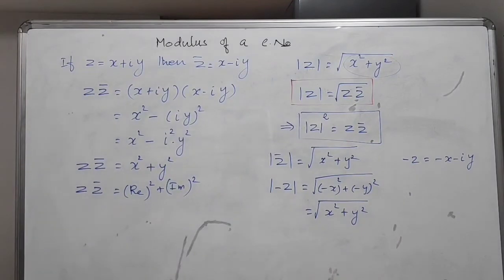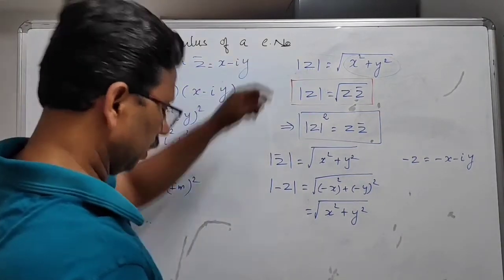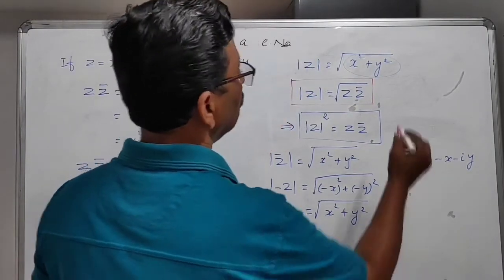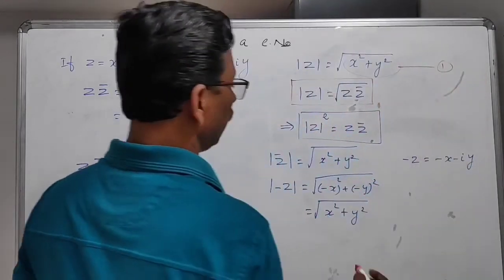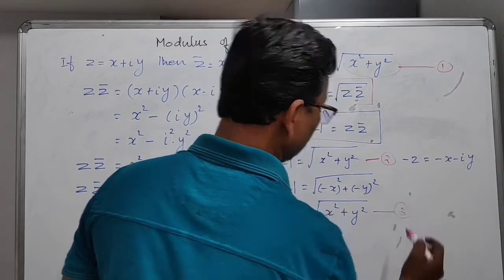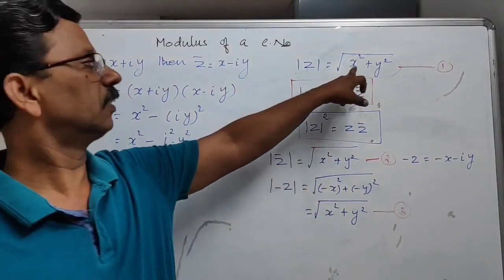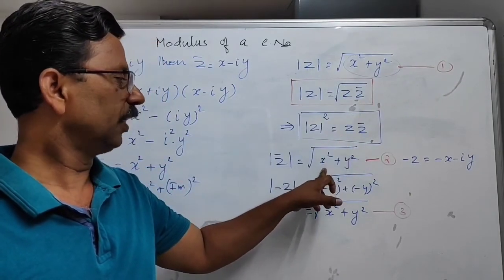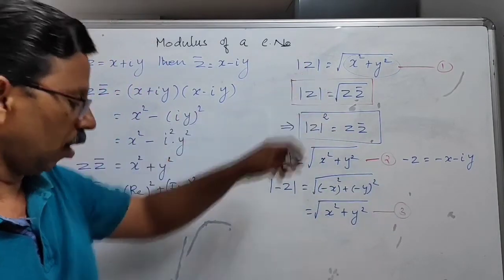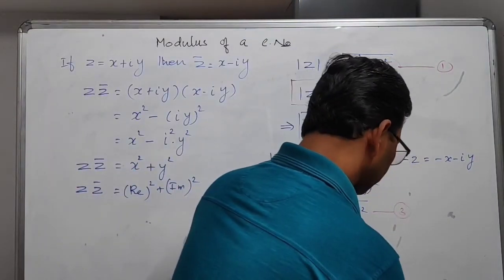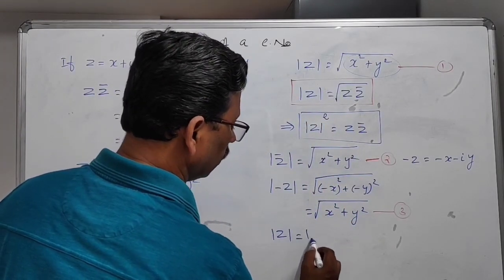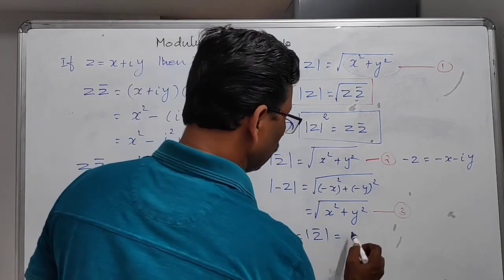Now look at these three results. This is result number 1, this you can take as result number 2, and this you can take as result number 3. Look at these three results: the right hand side is root of x square plus y square in each. From these three things we can say modulus z is equal to modulus z bar is equal to modulus of minus z.